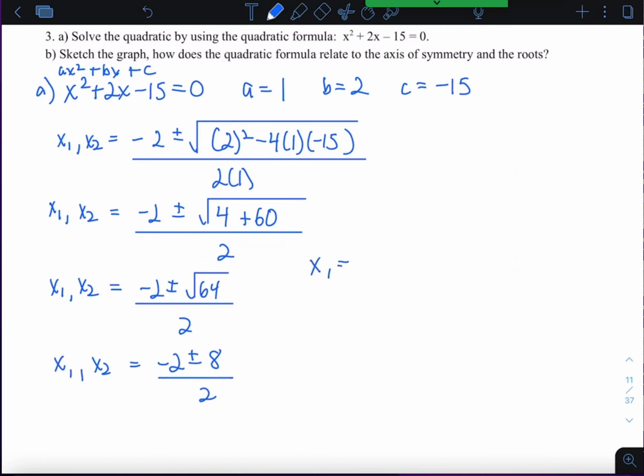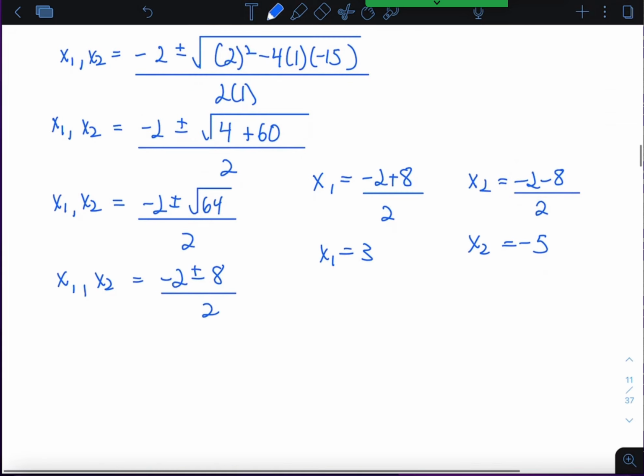So x1 is negative 2 plus 8 over 2, which is 3, and x2 is negative 2 minus 8 over 2, which equals negative 5. So we've seen this already twice.